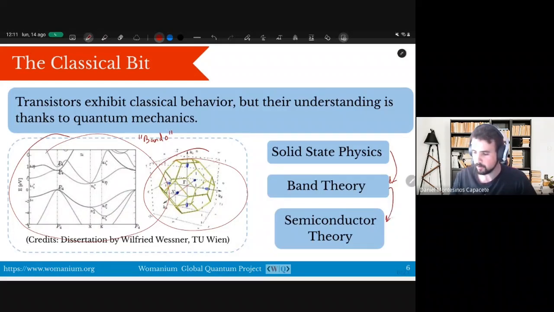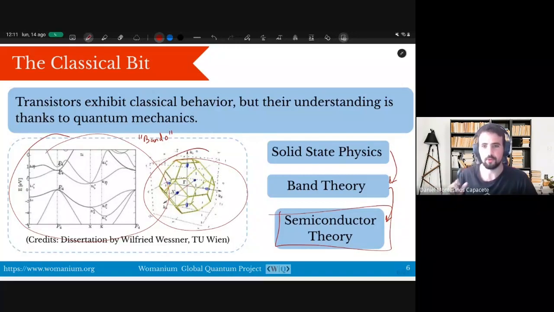After that, you apply this theory to semiconductors, and you get semiconductor theory, right? That is similar, but specialized for semiconductors, which are materials that have certain properties. And when you study and understand semiconductor theory, at some point you get to what a transistor is, how it works, and how you can make one.